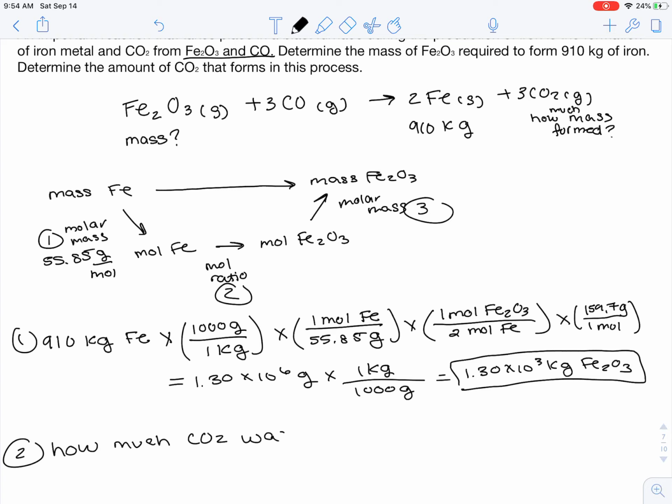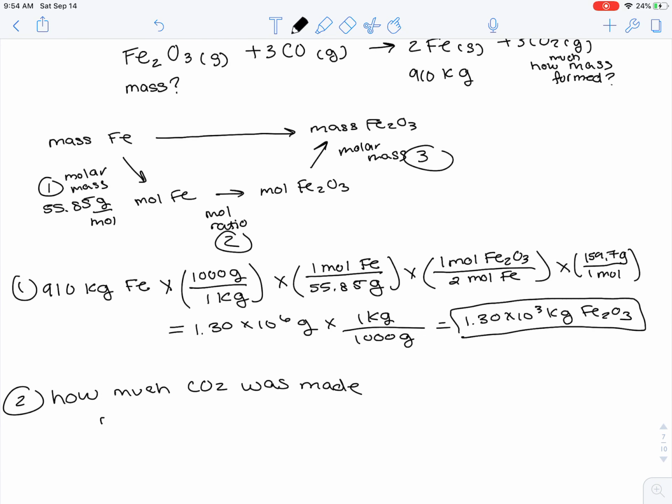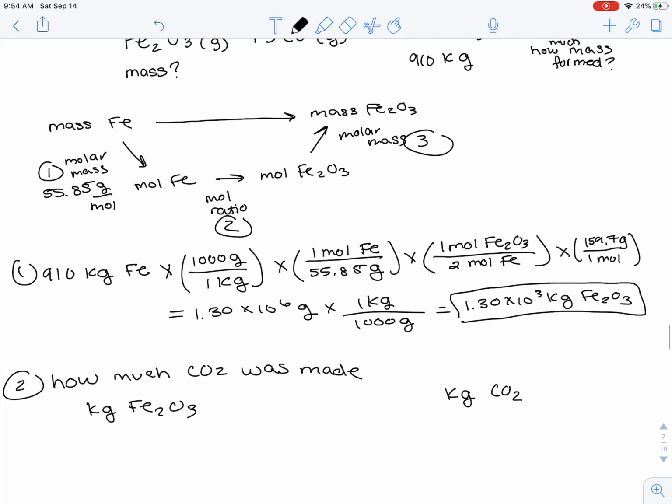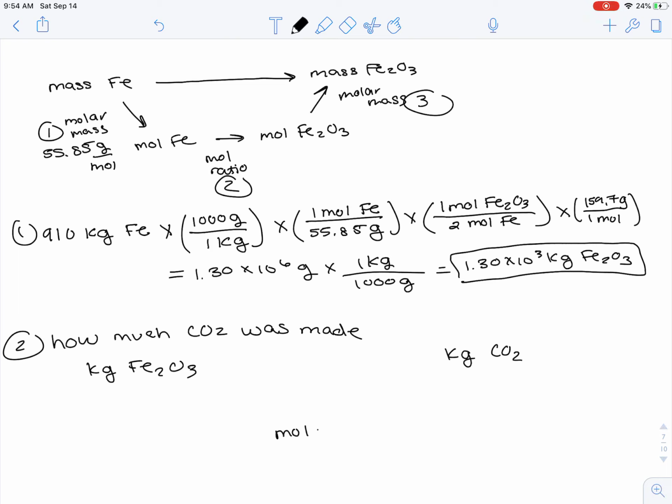So then now I want to know how much CO2 was made. So I take my mass, my kilograms of iron(III) oxide, and I want kilograms of CO2. So I know I have to use mole ratio in there somewhere.